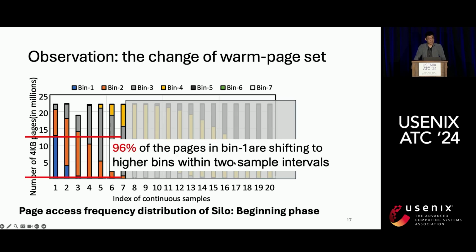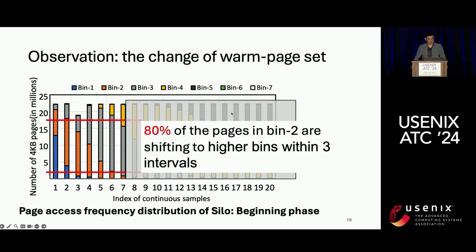We found that 96% of the pages in bin 1 are shifting to higher bins within 2 sample intervals. 80% of the pages in bin 2 are shifting to higher bins within 3 intervals. This shifting is because these pages are continuing getting accesses. Misclassifying these pages as cold pages and demoting them will incur unnecessary data movement and overhead.